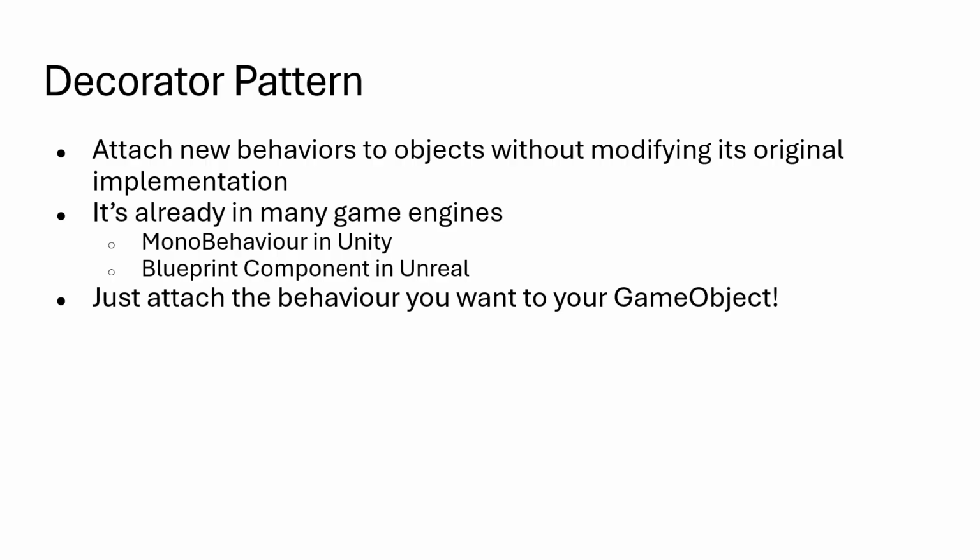So there's also this pattern that we're already using in game engines, but you don't know that it has a name. It's called the decorator pattern. Basically, what it entails is that you should be able to attach new behaviors to objects without modifying its original implementation. Does that sound familiar?